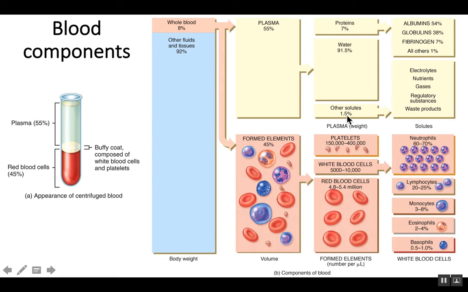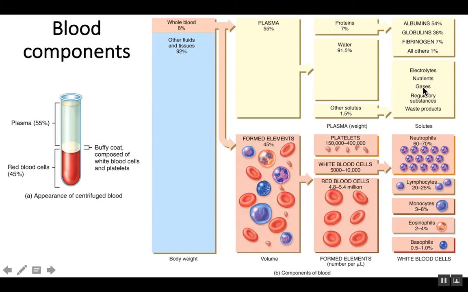Then we notice down here about 1.5% of the plasma are other things. Things like electrolytes, sodium, potassium, calcium, chloride, and others. Nutrients, such as glucose and amino acids.